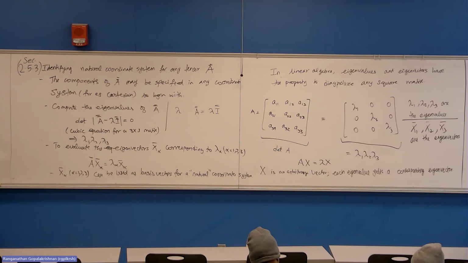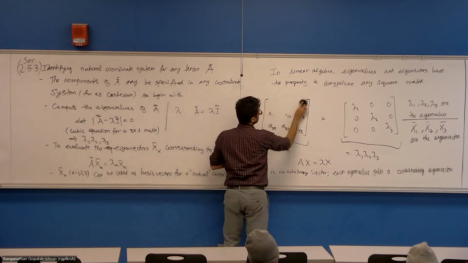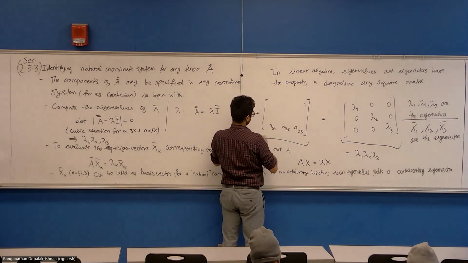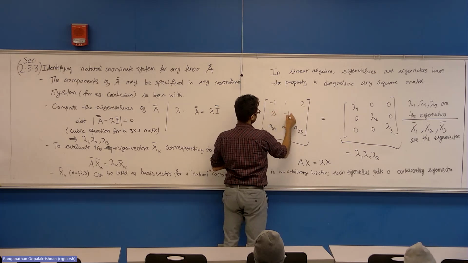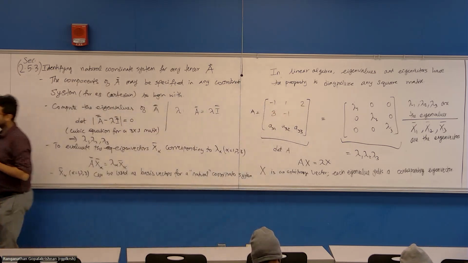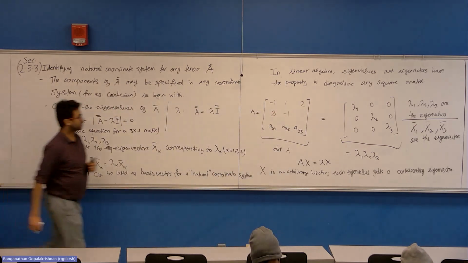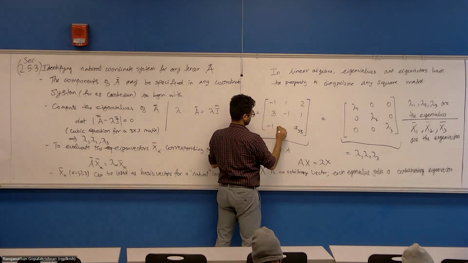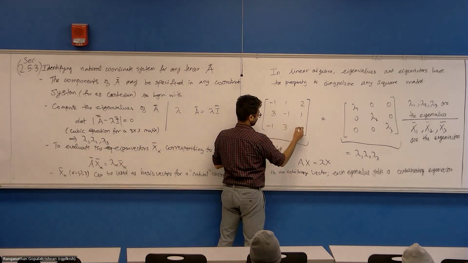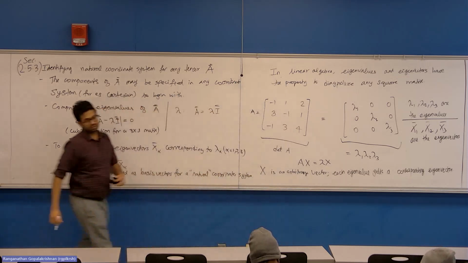All right, so let's try. I'm going to have a matrix that's 1, 1, 2, 3, minus 1, 1, minus 1, 3. So this is a matrix.